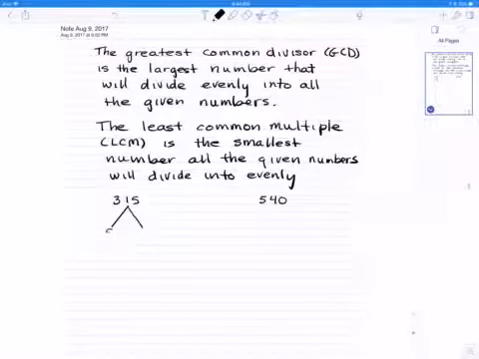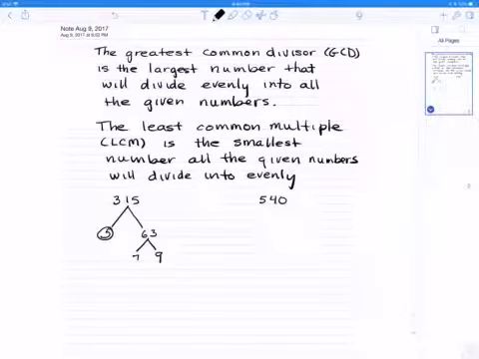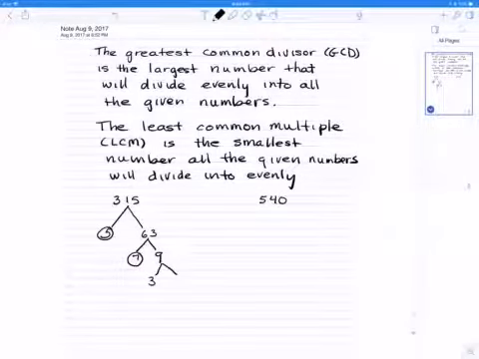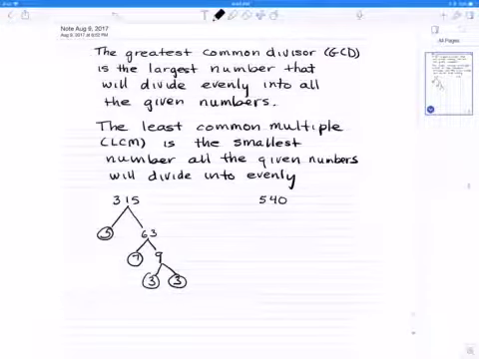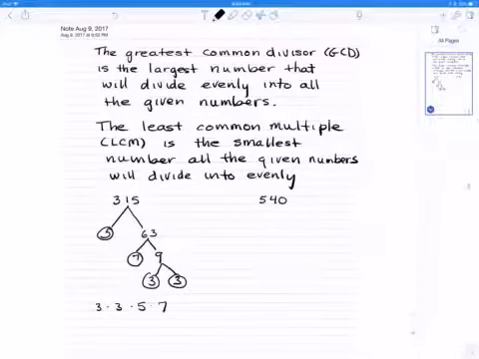Well, 5 goes into 315 63 times. 5 is a prime number because we can't break it down without using 1. 63, though, we can break that down into 7 times 9. 7 is a prime number. We can't break it down without using 1, but 9 is not. We can break that down into 3 times 3. So the prime factorization is 3 times 3 times 5 times 7.